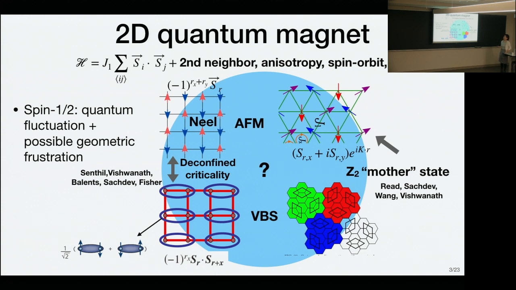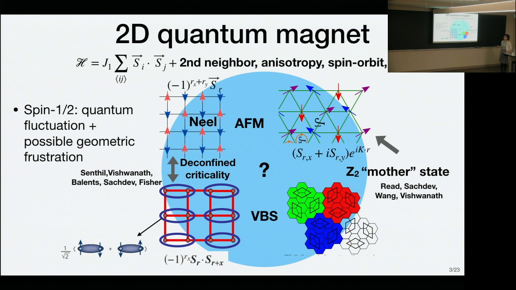On the bipartite lattice, we have the famous deconfined criticality, which unifies the Néel order and the valence bond solid order with a deconfined critical point at the transition between these two ordered phases. While on non-bipartite lattice, there are many putative classical ground states for magnets.